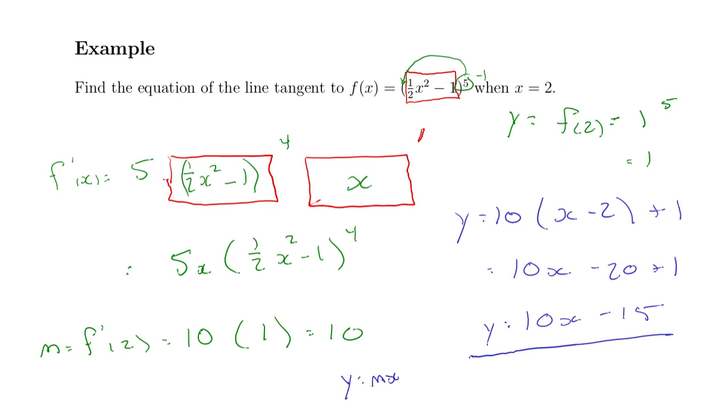So now this here becomes a negative 19 instead. I'm glad I found that before the end of this video. But now, again, you could put in 10 for m, 1 for y, and 2 for x, and solve for b, and you better get negative 19. So feel free to go check that out, but either way, you get this equation of your tangent line.